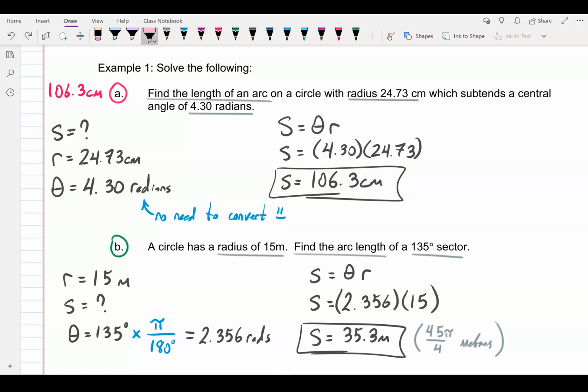Well, it's very important that you know that we're dealing with length, and look to your question for the units. In this case, our radius was given in centimeters, and so they're going to match in the end. So some advice here is look to the original question for the units. Okay, and then if you can handle that, you should be fine.